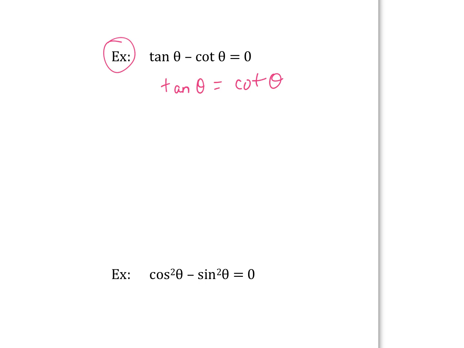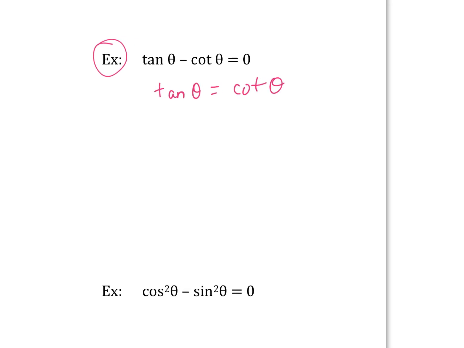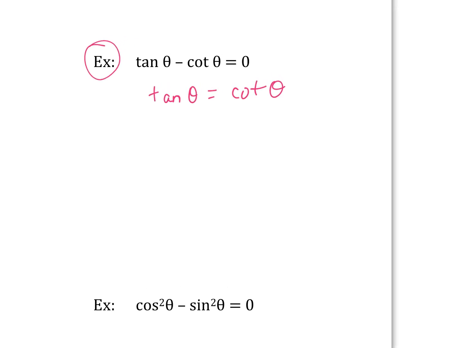All right, if we're looking at tangent of theta being equal to the cotangent of theta, we know tangent of theta is y over x, and we know cotangent of theta is x over y. So at what special angle are our x and y values the same?